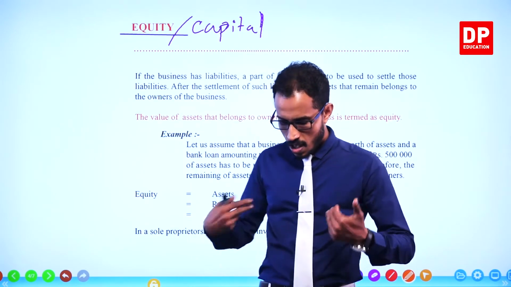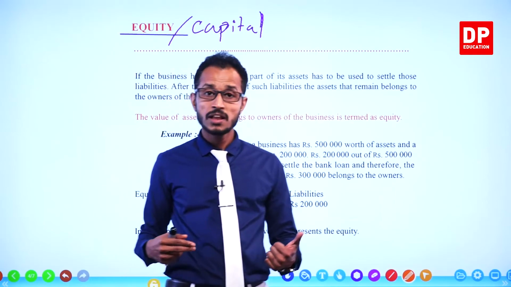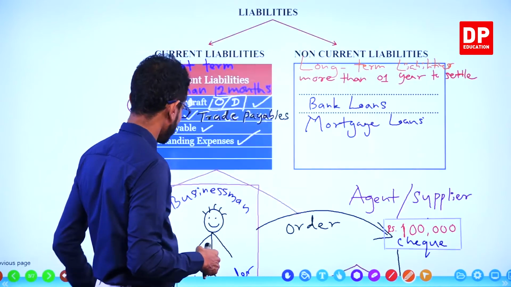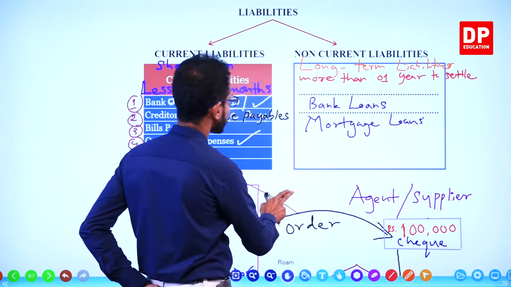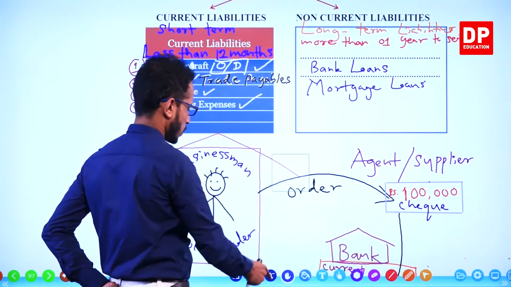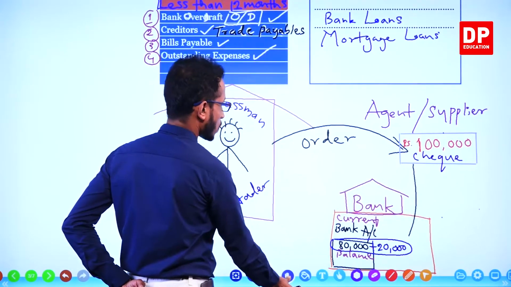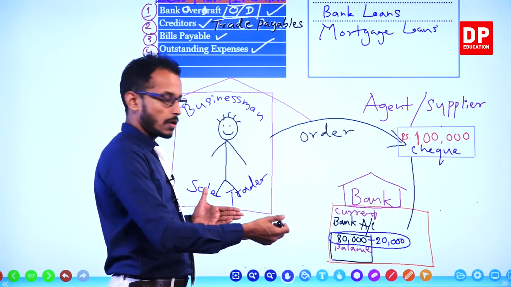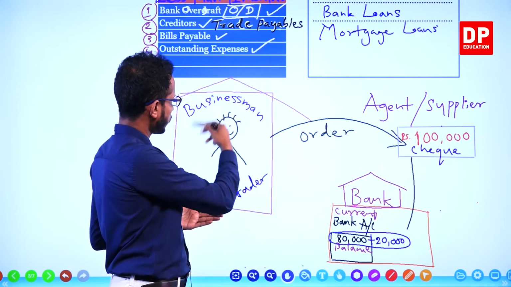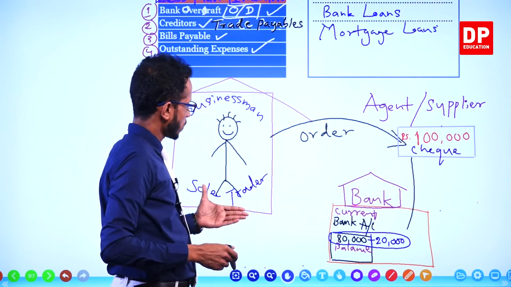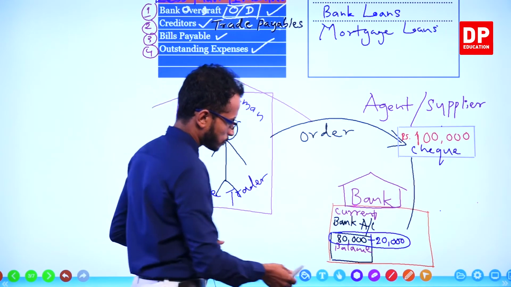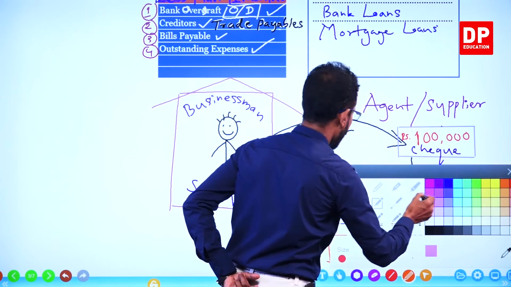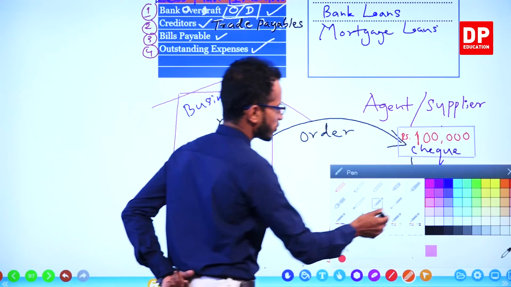Example. I'm again the mobile phone shop. I myself as a businessman, let's say 100,000, no, it's not enough.